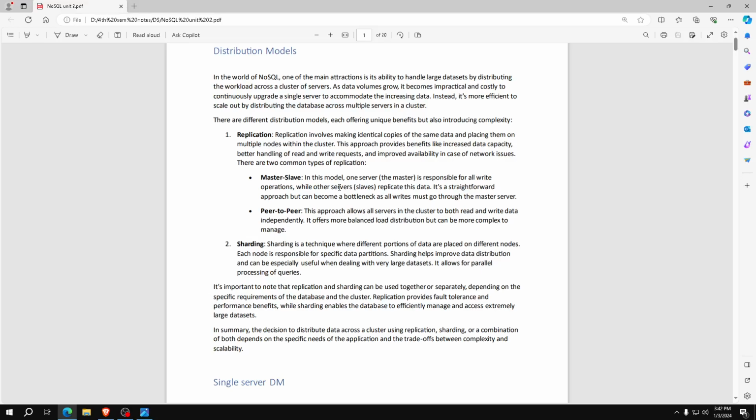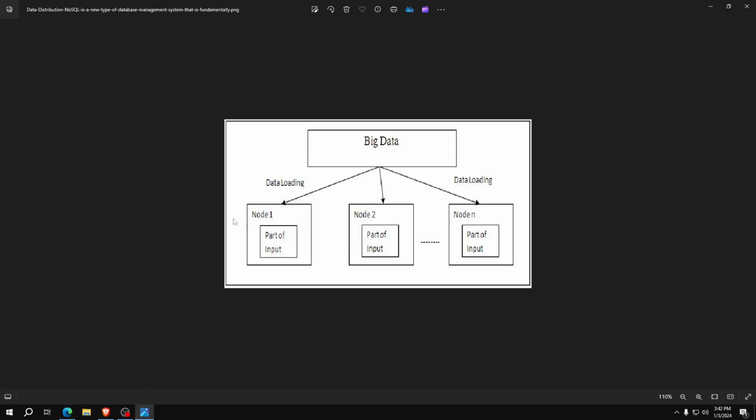And sharding is less complicated compared to replication, because sharding is nothing but, whenever we have an extremely large data set, we can use sharding so that we can split the same data set into multiple pieces. It's like breaking down the same data set into different pieces, which are then stored across different servers.